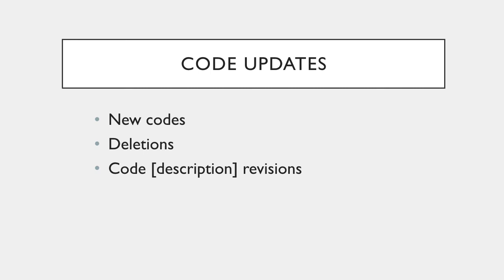Or that has been eradicated, thank goodness, due to vaccines. So we don't need those codes anymore. And then sometimes they will revise or adjust the wording in a code description. It may be because previously it was awkward, or maybe it was too ambiguous, or they just clean it up a little bit.